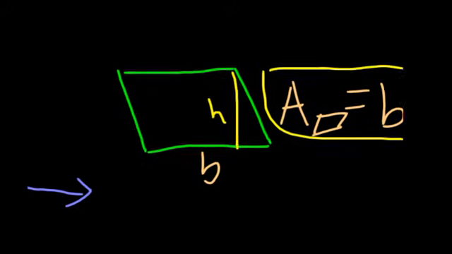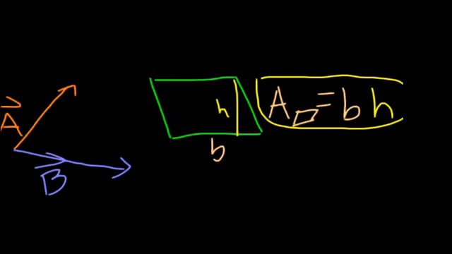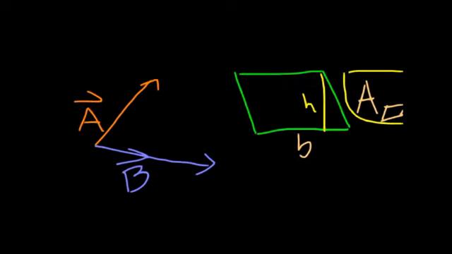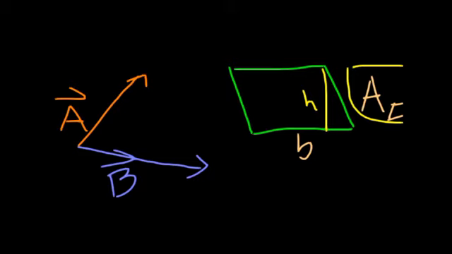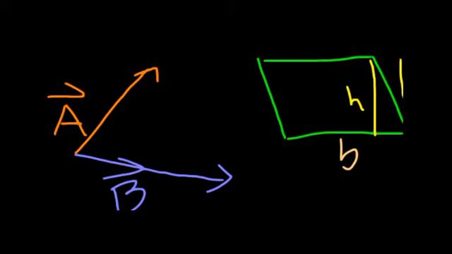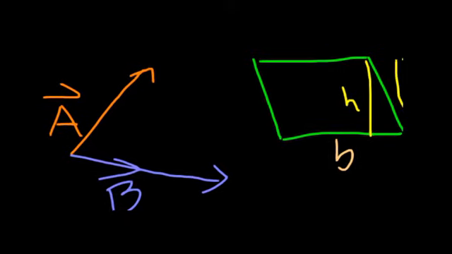So, why do we need to know how to take the area using the cross product? Actually, you don't really need to know, but this is a neat thing to know.